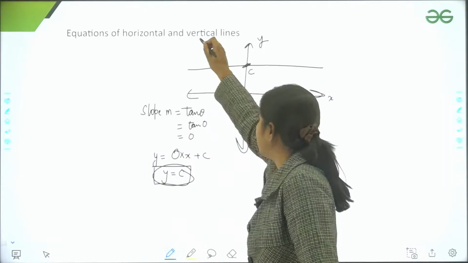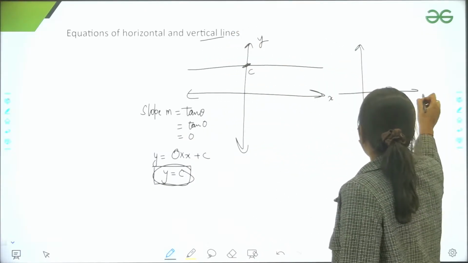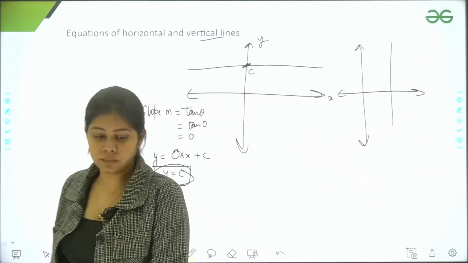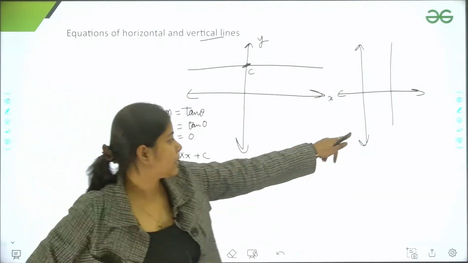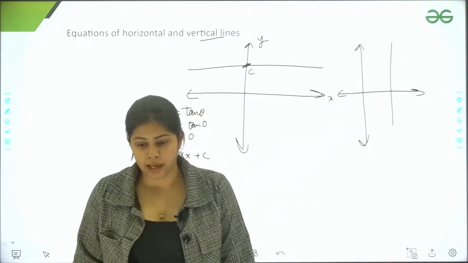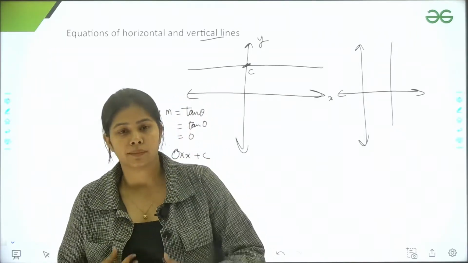Okay, now tell me the equation of a vertical line. I just want to know what would be the equation of this line. What would be the equation for this line? That means the line is parallel to the y-axis. Tell me guys, what would be the equation of a line here?